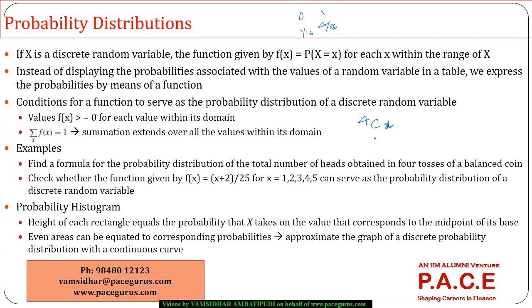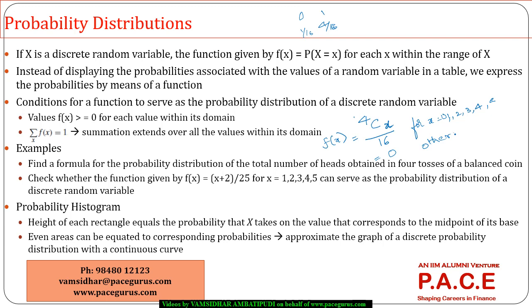So I can take it as 4Cx divided by 16. I can write this as a function. I'll simply write it as f of x. If I have to write it as a probability distribution function, I'll write f of x is 4Cx by 16 for x equal to 0, 1, 2, 3, 4, and 0 otherwise.